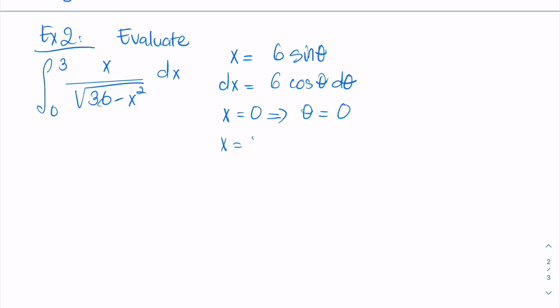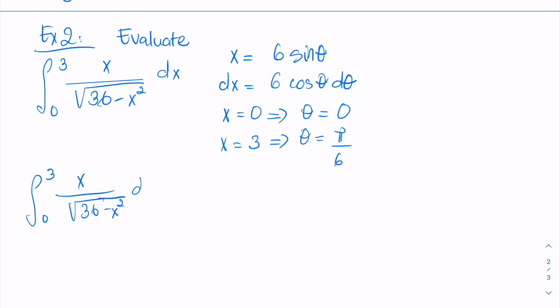When x equals 3, theta is going to be pi over 6. So now, instead of writing the integral from 0 to 3 of x over square root of 36 minus x squared dx, we're going to try the trig substitution from 0 to pi over 6.